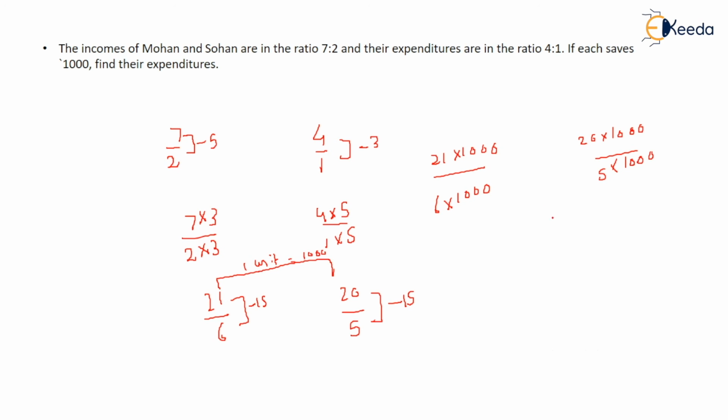So you can find out the expenditures of Sohan and Mohan. So this comes out to be 20,000, right? And this comes out to be 5,000. So the expenditure of Mohan is 20,000, and Sohan is 5,000. Thank you.